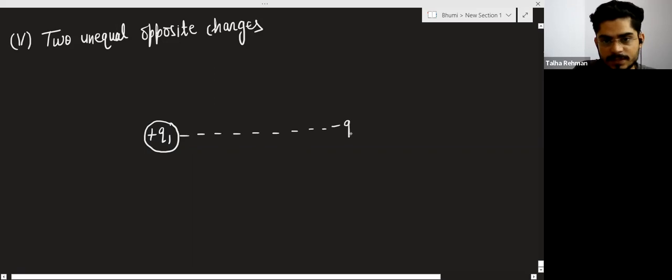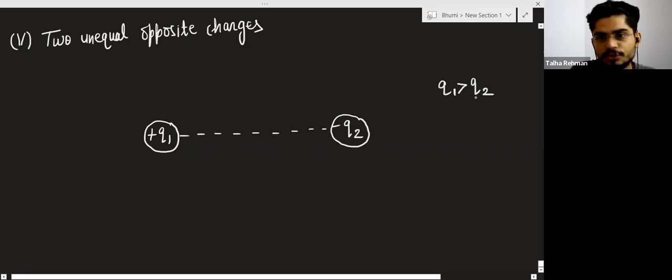This is Q2, and this is a positive charge, this is a negative charge, and the magnitude of charge Q1 is greater than Q2.